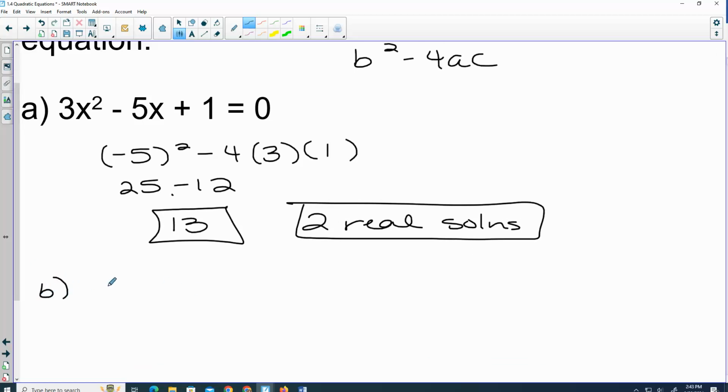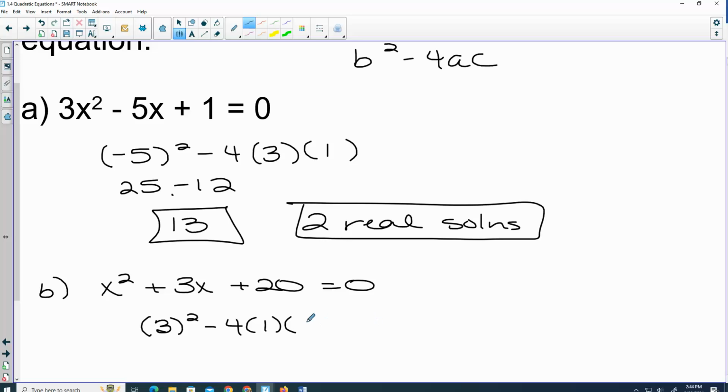What if I said x squared plus 3x plus 20 equals 0? So if I want the discriminant, so b is 3, so 3 squared minus 4 times a, which is 1, times c, which is 20.